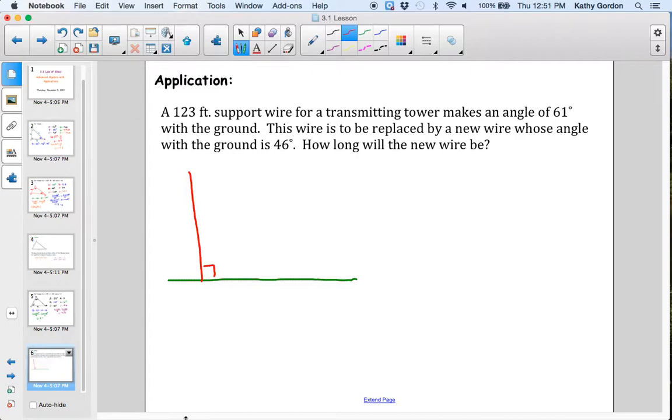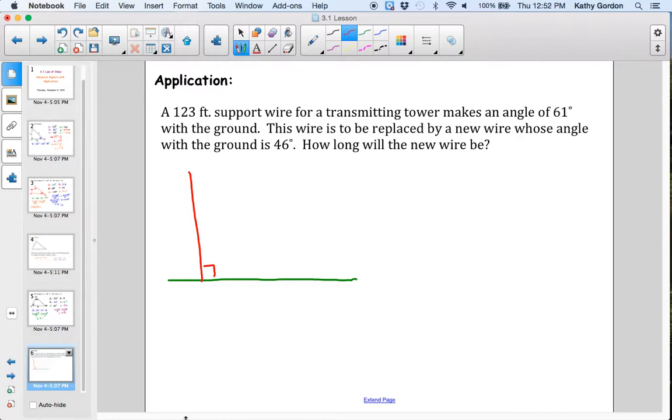Now, you're going to see some problems where it's talking about a tree that, because of the wind over time, is not standing at a perfect 90 degrees, it's slanted over a little bit. Or you might have a tower which is standing up straight, but it's on a hill, so it's not going to create that 90 degree angle. So you are going to have those kinds of situations, and you have to read carefully to know what's going on. But in this situation, there's nothing about what we're told that makes us assume that our tower isn't straight up and down. So we can pretty much assume that that's going to be a right angle.